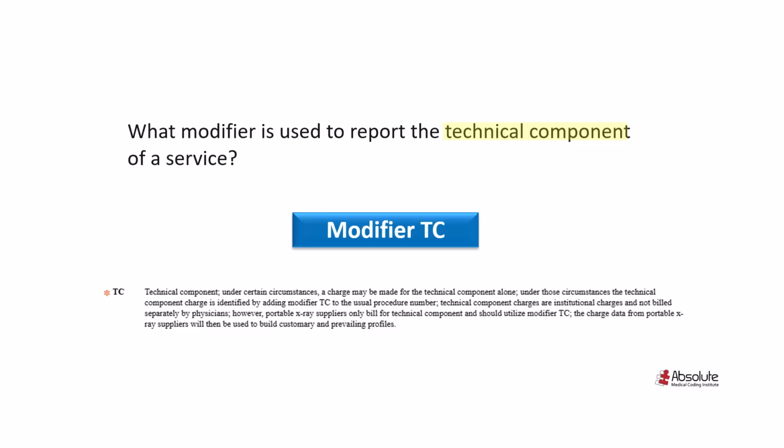However, portable X-ray suppliers only bill for technical components and should utilize TC. The data charge from portable X-ray suppliers will then be used to build customary and prevailing profiles. Anybody know what that means?